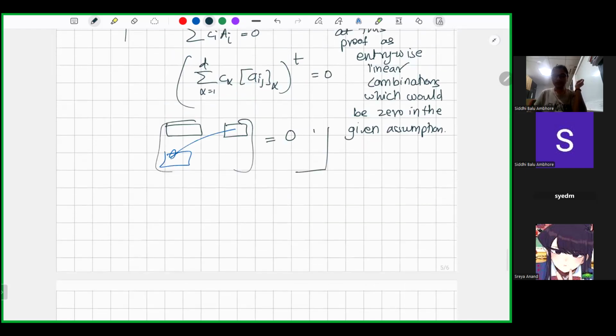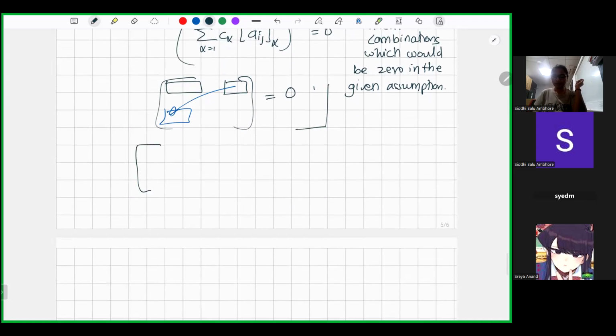Okay, it's okay, right? Something like this a_ij. If I do this, this is c1 a_ij, again this will be d. If this is 0, then c1 a11 plus up to c_d a_11^d at the top will be 0.